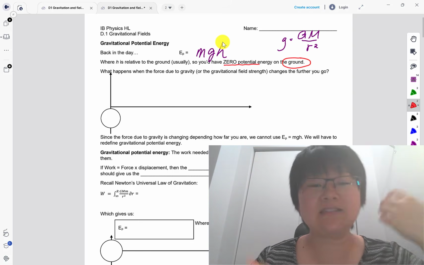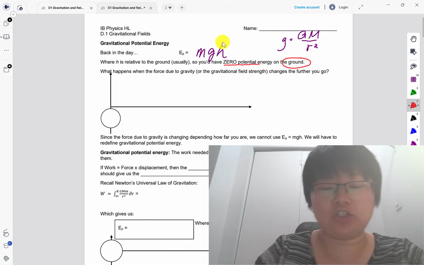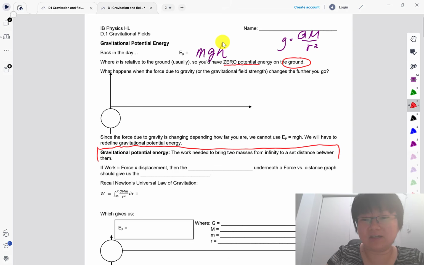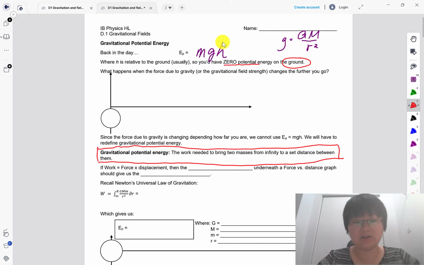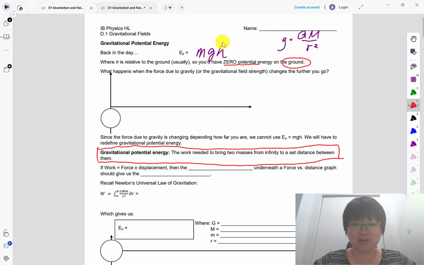So what is gravitational potential energy, or what is this new definition? I might jump around a little bit, but the definition is here. Gravitational potential energy is the work needed to bring two masses from infinity, I think they're off screen now, okay, to a set distance between them.